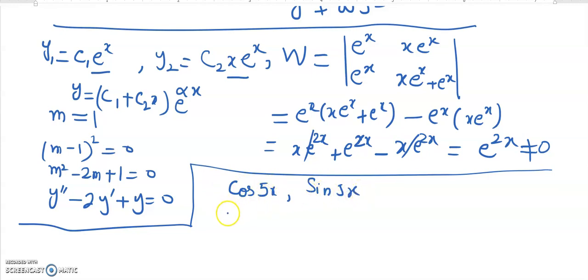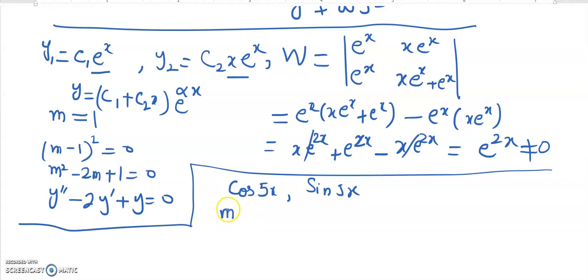We can readily see that its characteristic equation will be, because these are the lambda values, m or lambda.